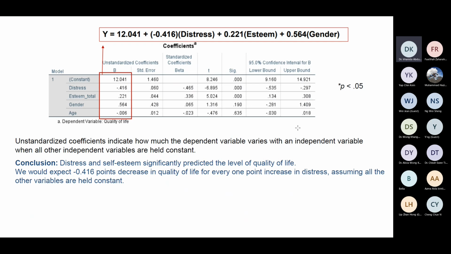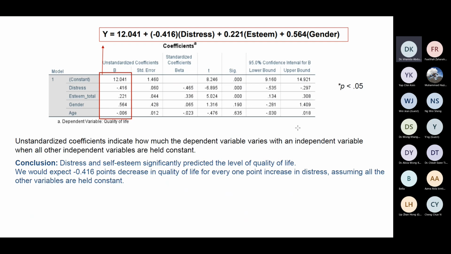The coefficient table represents the strength of the regression, where we are looking into the beta result here. The unstandardized coefficient indicates how much the dependent variable varies with an independent variable when all other independent variables are held constant.